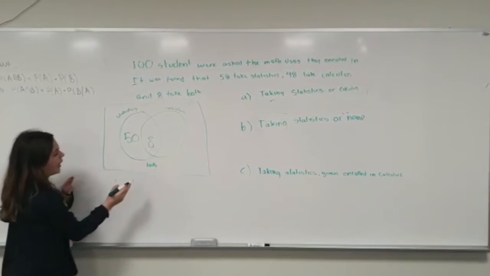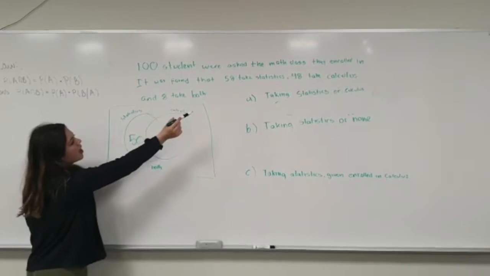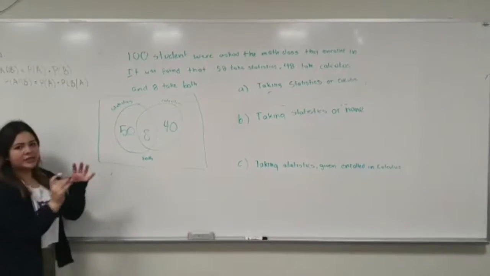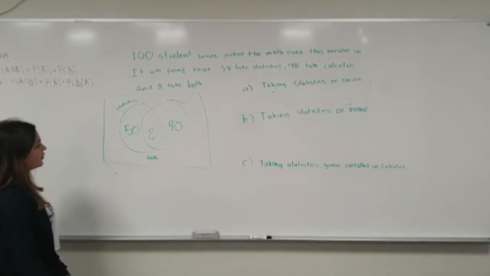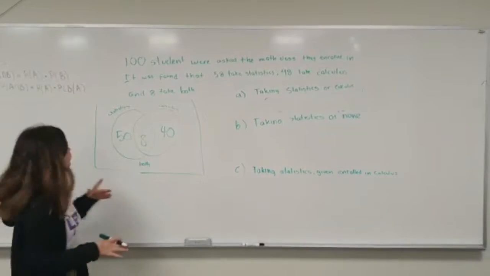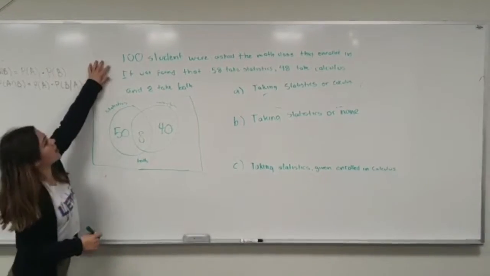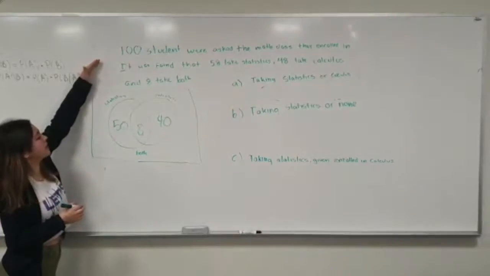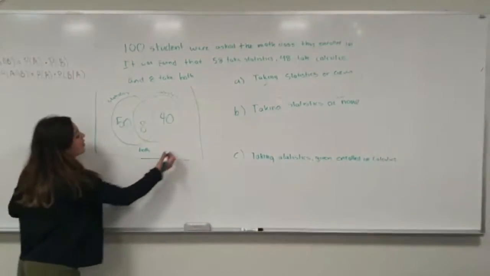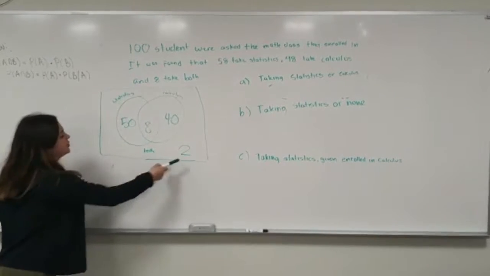So on both we put 8, and since in calculus there are 48, we're just going to put 40 on only calculus. And since there are 100 students, if we add all these numbers together, it gives us 98. So we have to put the ones who take none, which is 2.